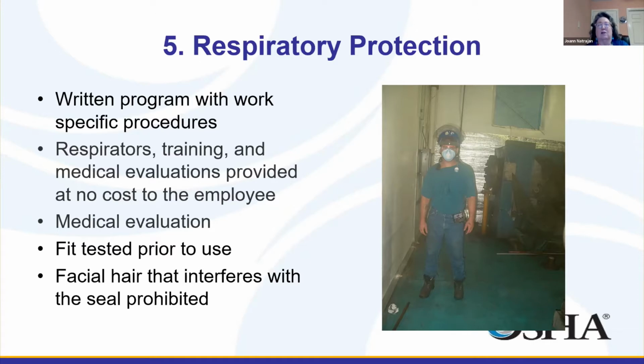But one of the first things you have to do is you have to have a written program on respiratory use. It specifies what respirators are we going to wear for what air contaminants, who's going to wear them.